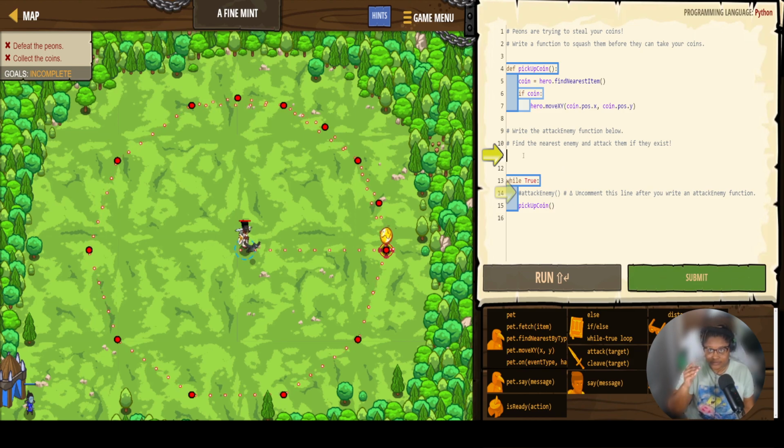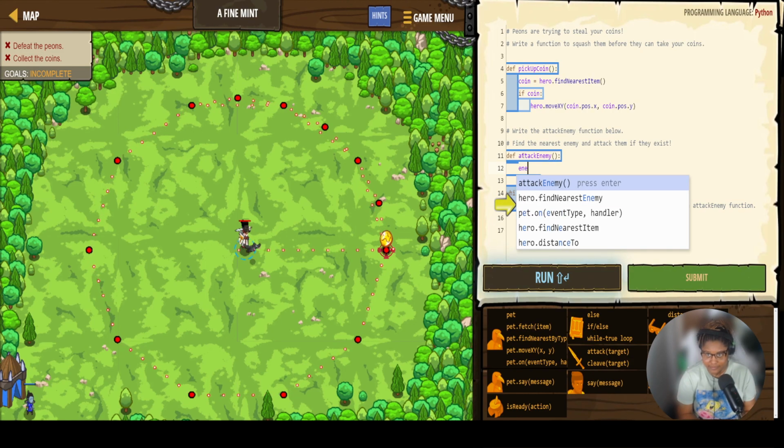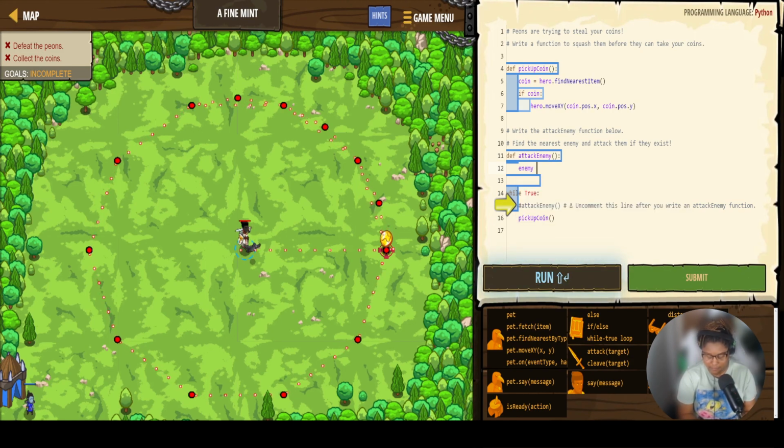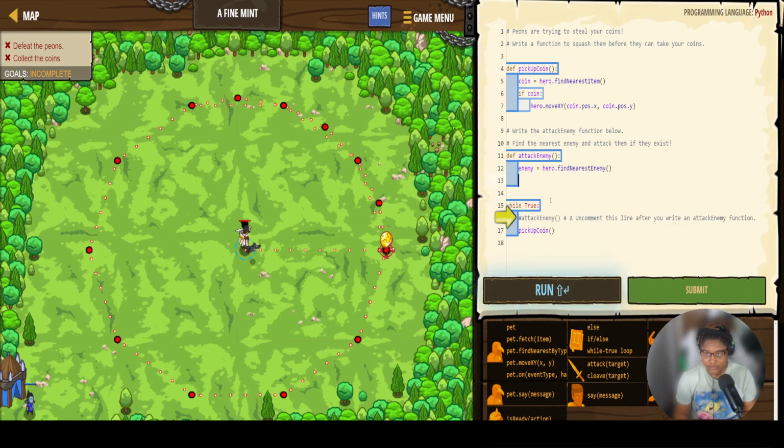So it looks like we need to write another function, which is the attack enemy function. So we're going to do a definition attack enemy, no parameters, and we're going to name it enemy, which is the hero is going to find the nearest enemy instead of an item.